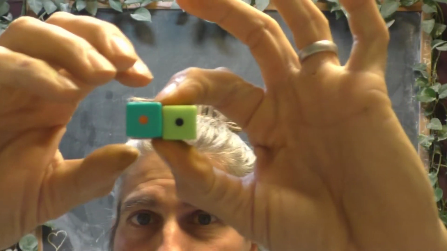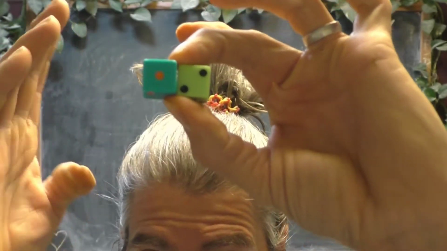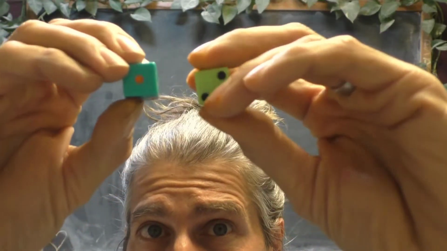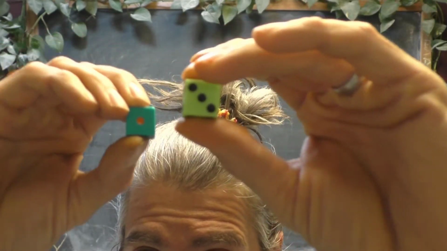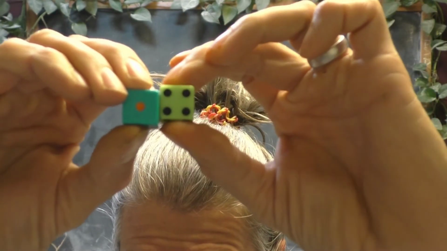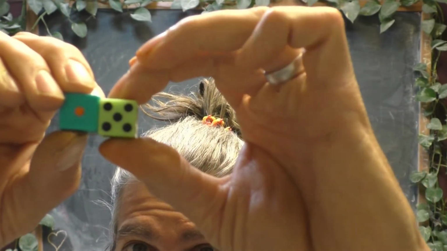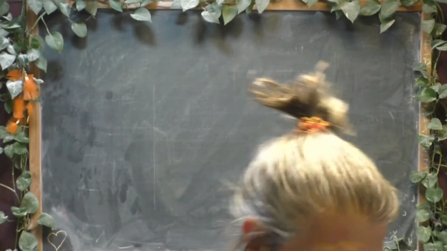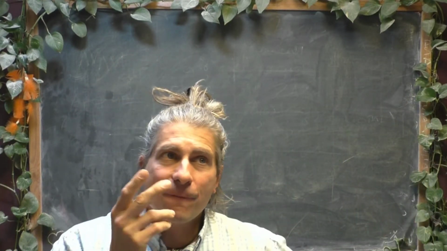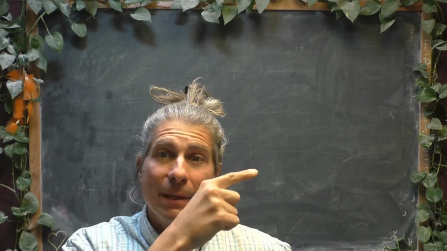That's an outcome. But also, this one could be 1 and this one could be 2. That's a different outcome. And then this one can be 1 and this one can be 3. That is yet a different outcome. 1 and 4. 1 and 5. And 1 and 6. So those are 6 outcomes for the first die being a 1.